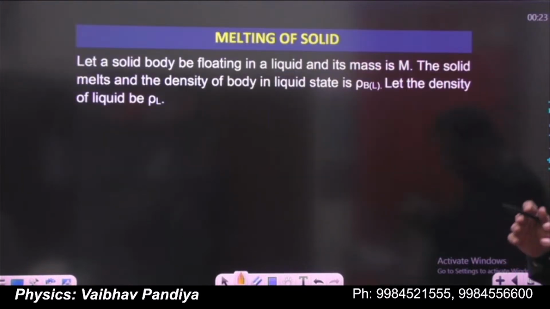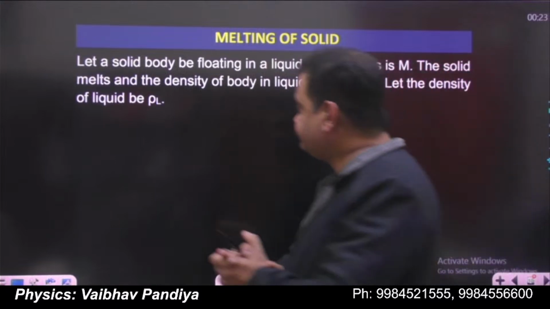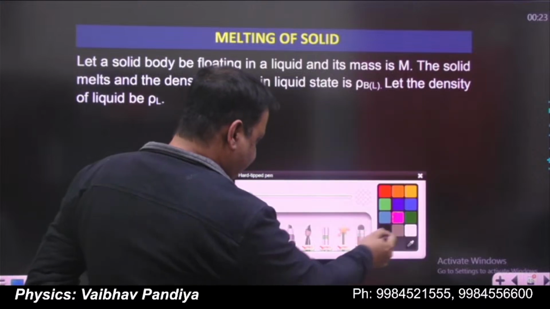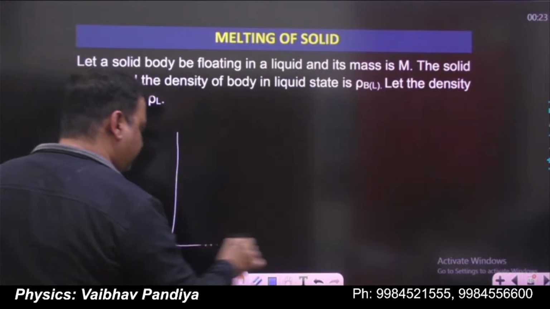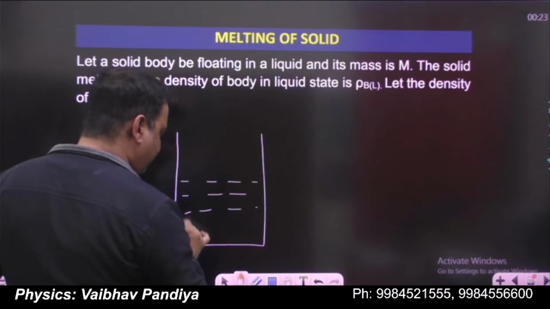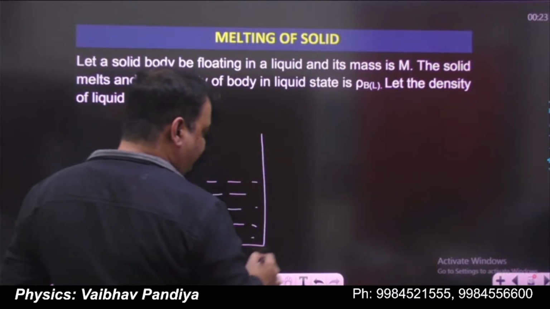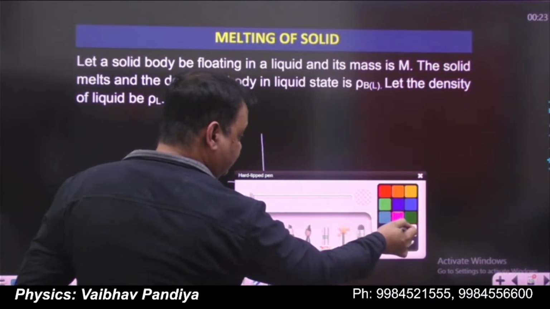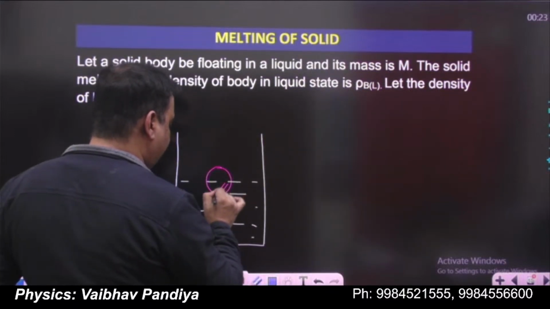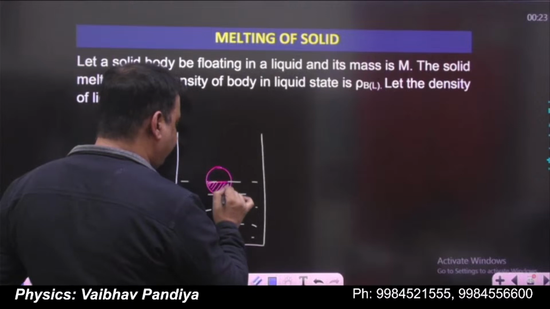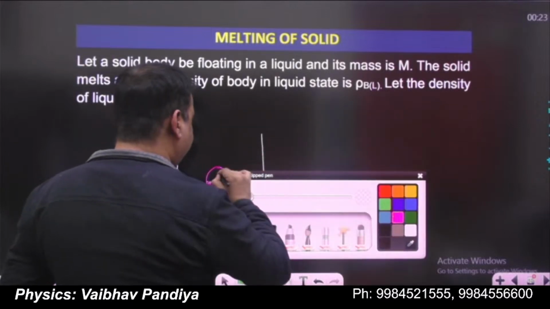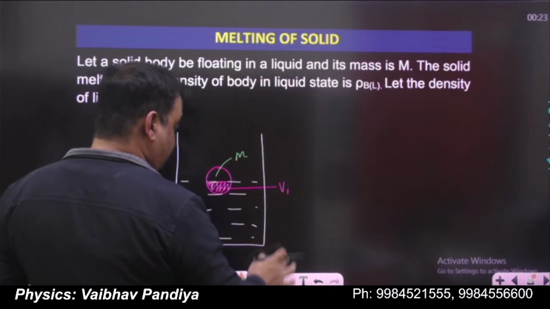Now let's see the case of a melting solid. This is a third case. Suppose we have some object which is floating in the liquid with this much volume inside the liquid, say Vi, and the mass of the object is m, correct?